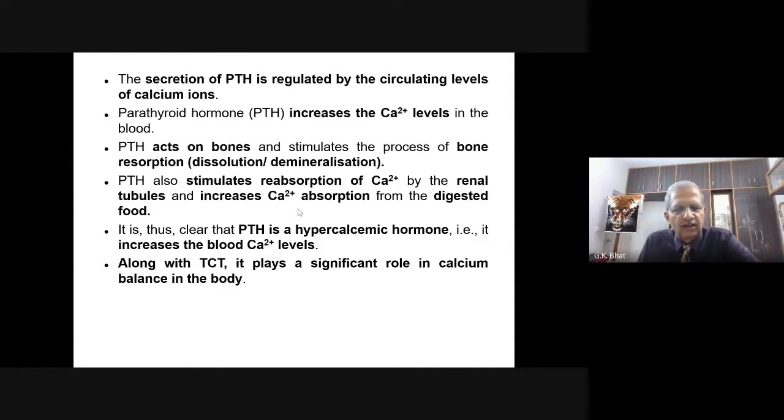That is, it increases blood calcium levels. Along with the TCT, thyrocalcitonin, which is produced by the thyroid gland, parathyroid hormone plays a significant role in calcium balance or calcium homeostasis in the body.